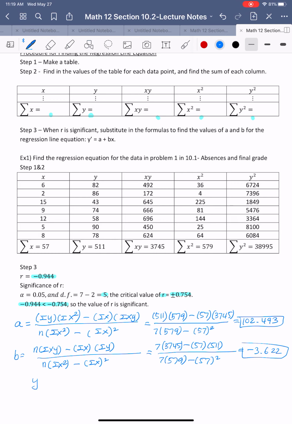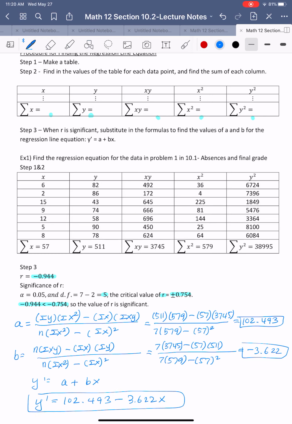So y prime is a plus bx. So now y prime equals 102.493 plus, which is a negative, sorry, because b is negative, right? So negative 3.622x. Okay, so that's the formula.